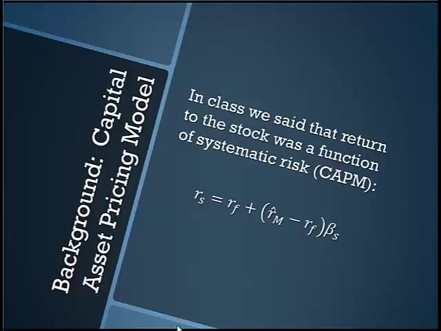Then the beta says how many times that we're going to make this stock return just because of the systematic risk. That's the philosophy behind the capital asset pricing model.